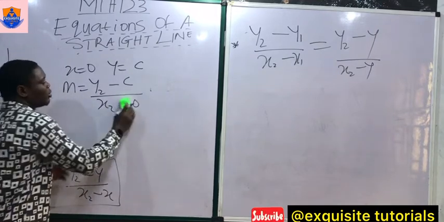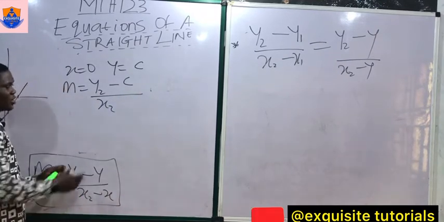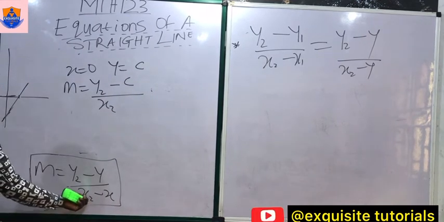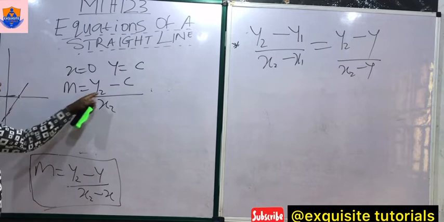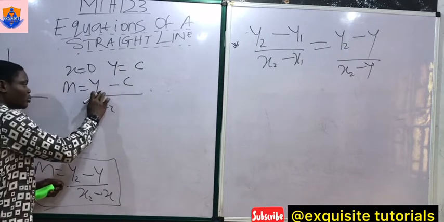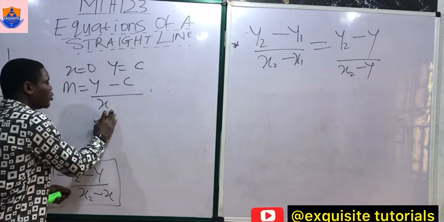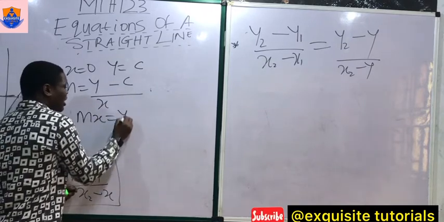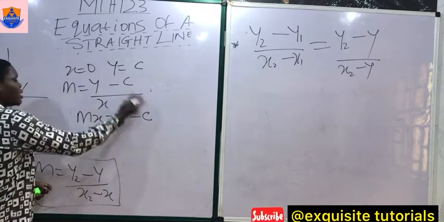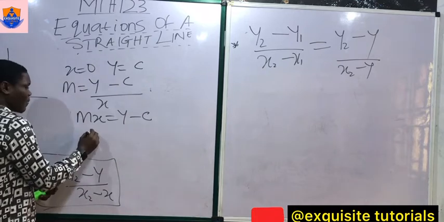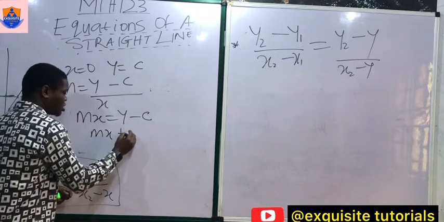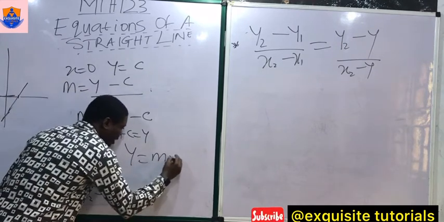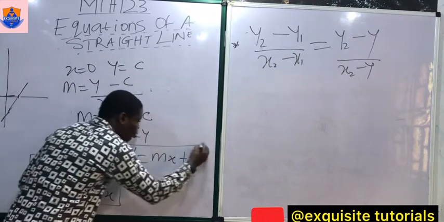So anything, if you remove 0 from anything, it makes no difference. Now let me take this x2 as a variable and take this y2 as a variable. If I multiply this with this, I will have mx is equal to y minus c. If I take this one to this side, I will have mx plus c is equal to y. So the third form of the equation of a straight line is y equals mx plus c.